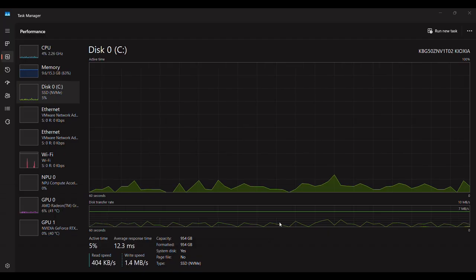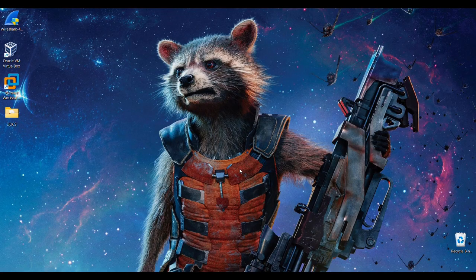Now I'm generating disk activity by copying files.